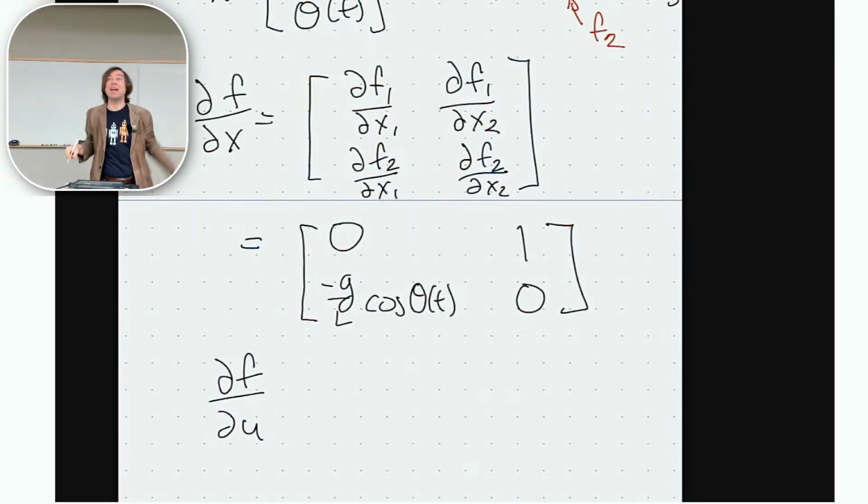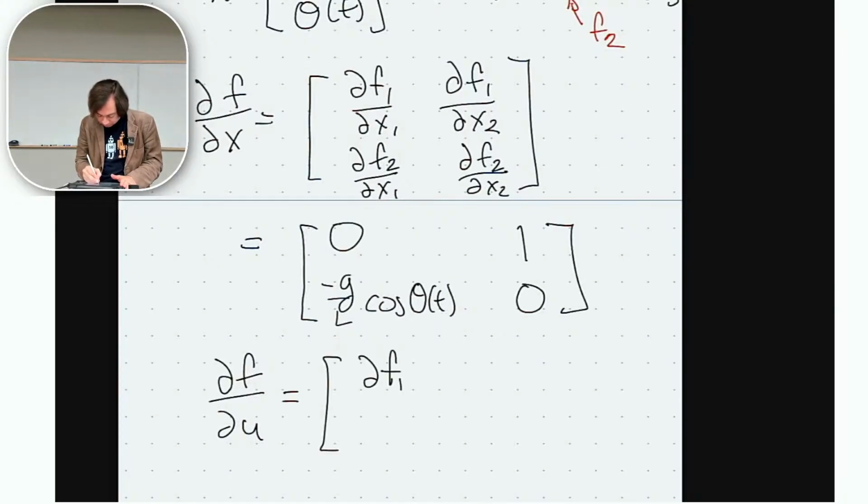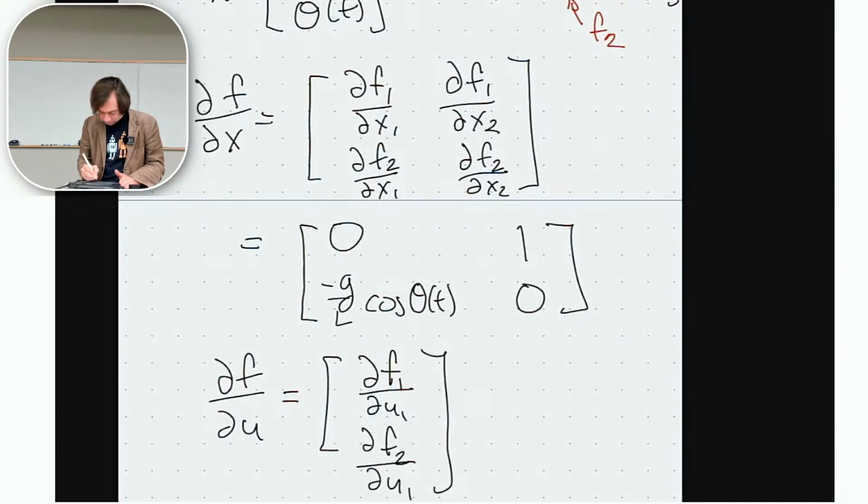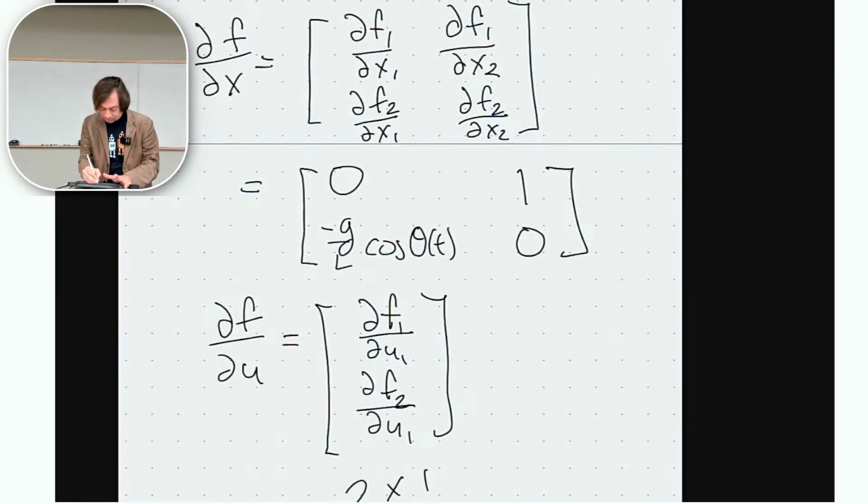It'll often be rectangular. It's going to include partial f1, partial u1, our first control input, and then partial f2, partial u1, because you have two states, one input.